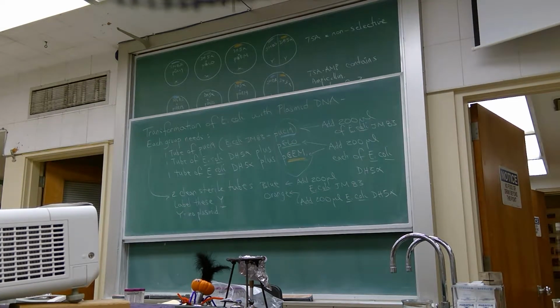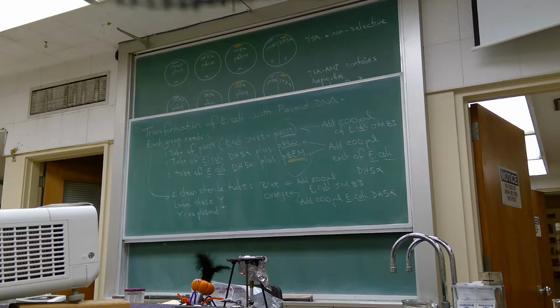At this point, you have your plasmid tubes on ice, right? Yes. And you have your empty tubes, which are going to end up on ice because we want to keep our competent cells at ice temperature. So basically, all you're doing is adding competent cells to these tubes. Table number 1 only has competent cells JM83. Table number 2 only has competent cells DH5 alpha.